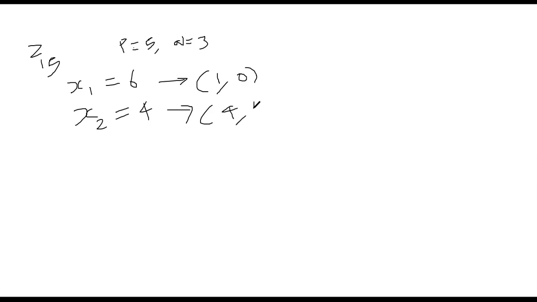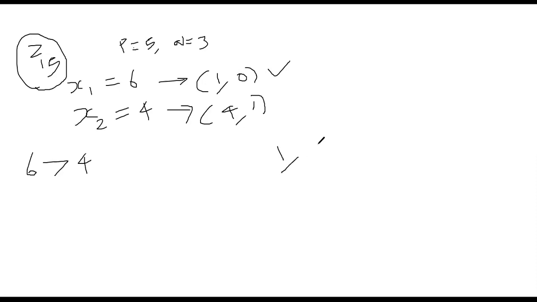There's one fundamental problem with this encoding scheme. We cannot compare whether one number is less than, equal to, or greater than another. That kind of comparison is not possible. The reason is very simple. We do know that 6 is greater than 4 in Z15. However, 6 became 1, 0 and 4 became 4, 1.